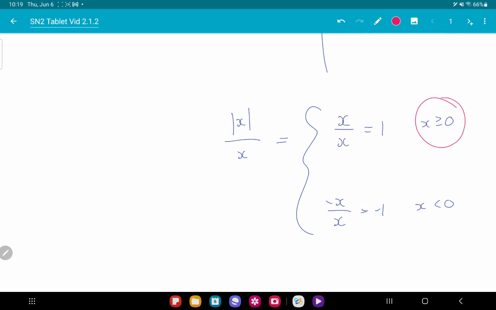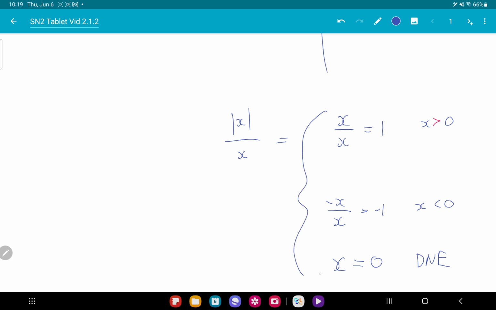You can't include 0 here, right? Because 0 over 0 is not defined. So I should make an adjustment here. That should be just x bigger than 0. And then for x equals 0, this guy does not exist. Sorry about that. All right, so here's the function I'm trying to get a picture of.